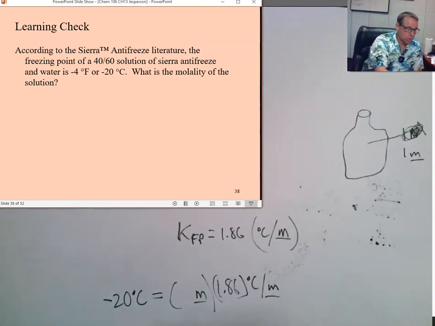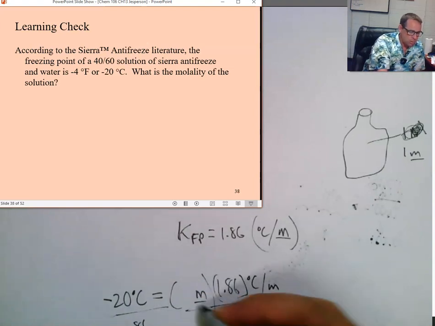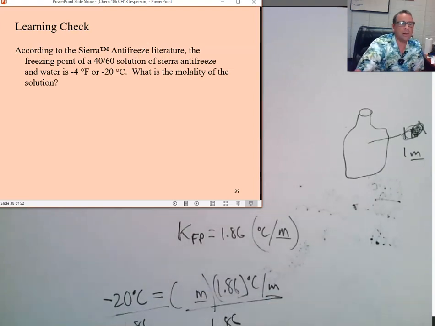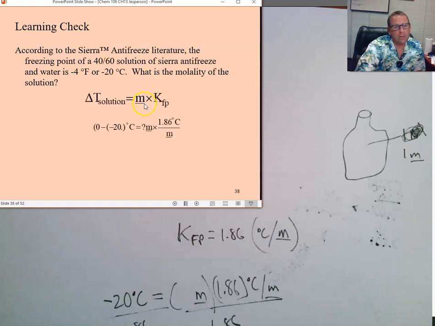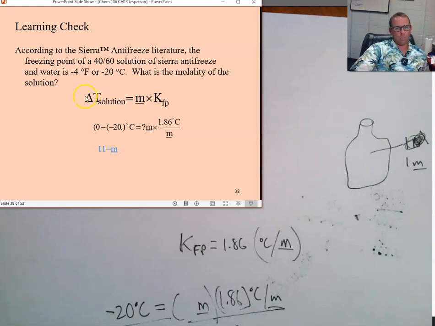So just 20 divided by 1.86 should tell us what the molality of our solution was. Okay, very good. So, pretty straightforward. One thing we have to remember is it's not telling us the new freezing point. It's telling us the change in the freezing point, right?